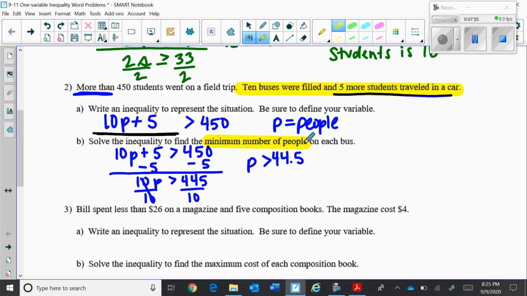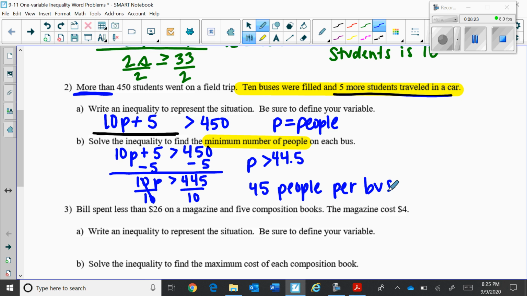The next whole number that is greater than 44.5 is 45. So for this problem, we're going to round up. So we would have 45 people per bus, since I had specified people.